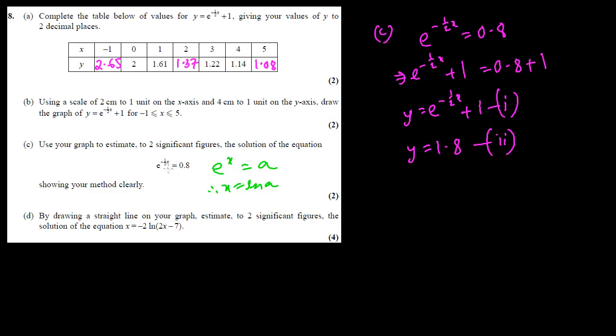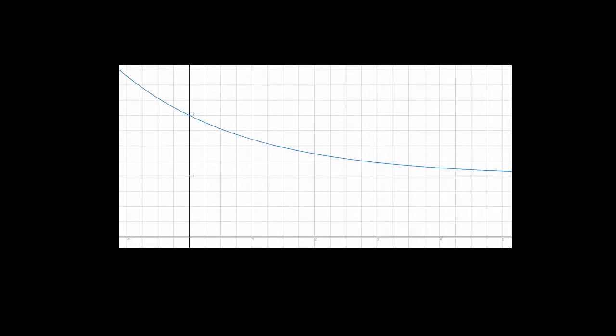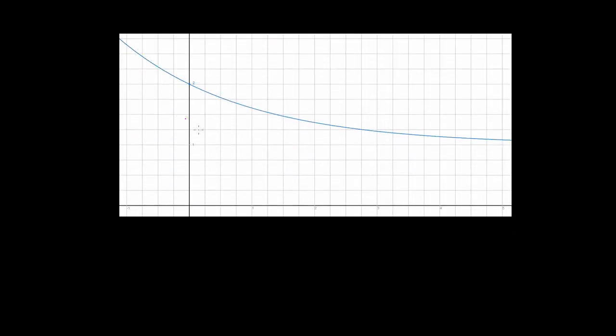So to solve this graphically is to find the point of intersection of the graph that we plotted with the horizontal line y equals 1.8. So let's do that over here. We draw this horizontal line, and now we have to find the point of intersection of these two.